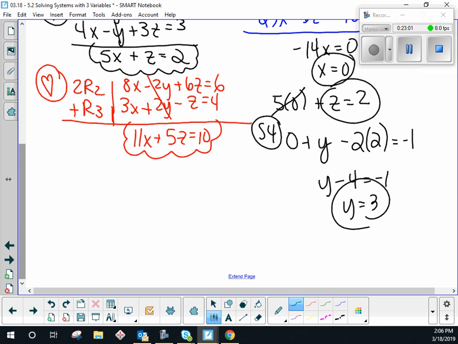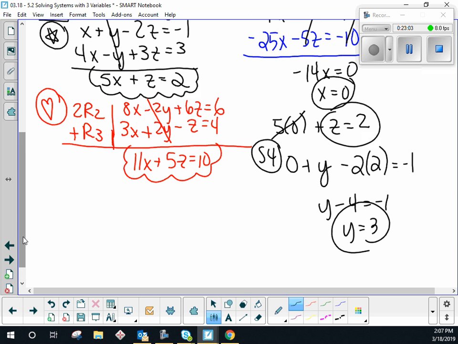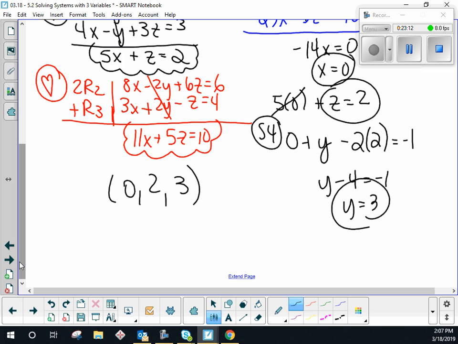I'm going to write the wrong answer, and I want you to analyze what I did and tell me what I did wrong. It's out of order. What was I thinking, though? That's the order that I solved it, right? So I need to be more careful than that, and I need to put it in x, y, z order. Okay, x was 0, y was 3, and z was 2.